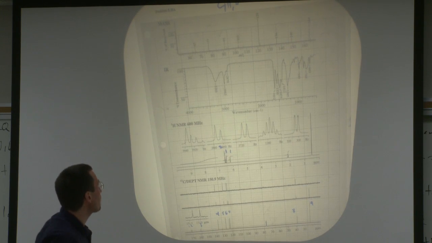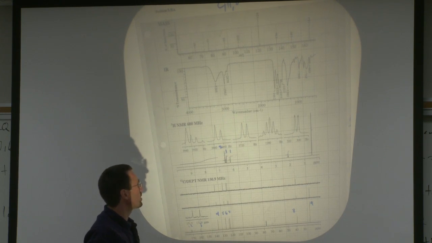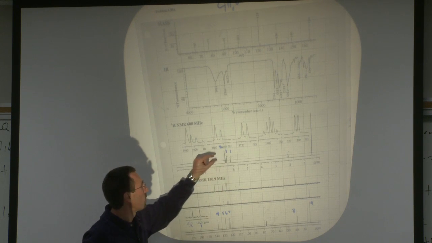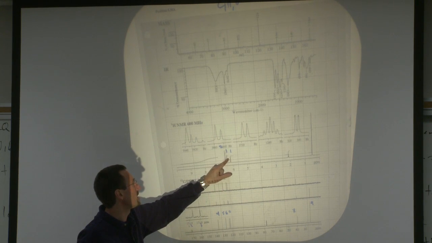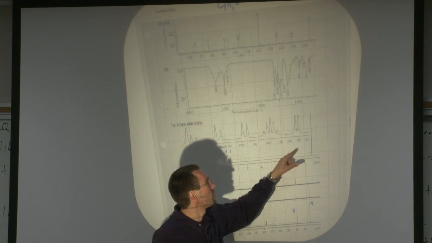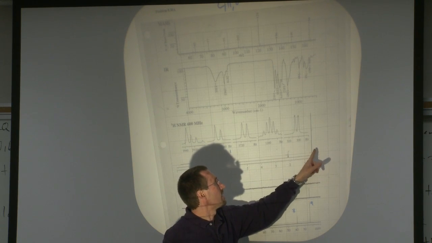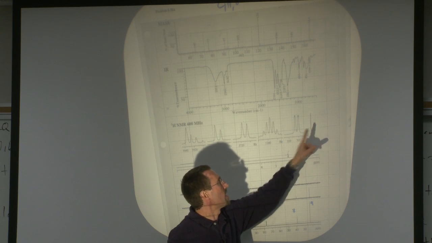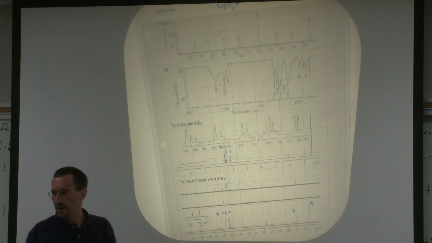So my preferred way, if you can get a hydrogen count, is always to add up all your integrals here. So if I was adding this up, it'd be like 1.7, 1.7, 1.7, 1.7, and then we're at about 9.3, and then divide by the number of hydrogens.